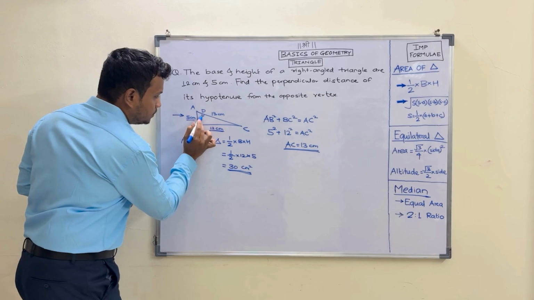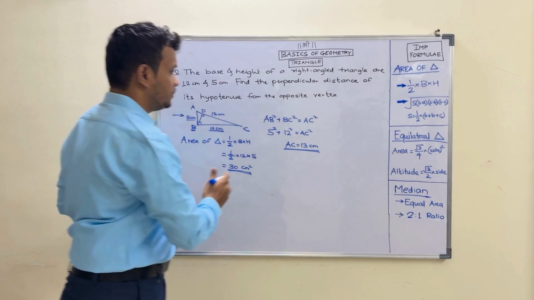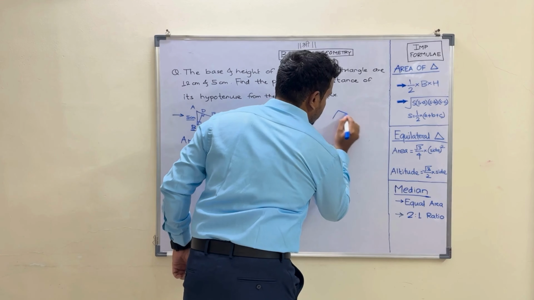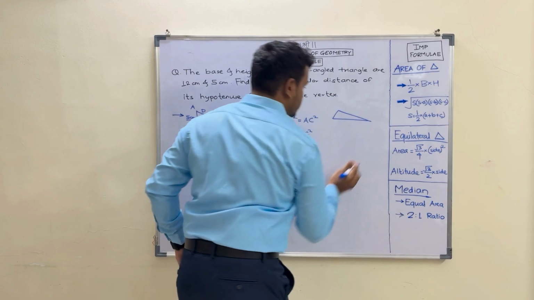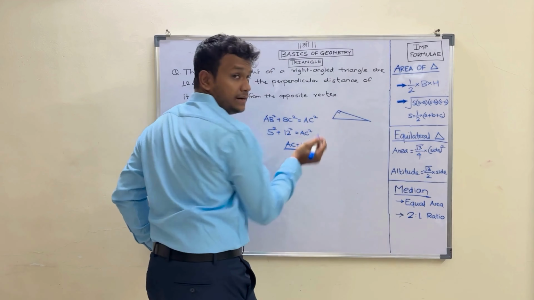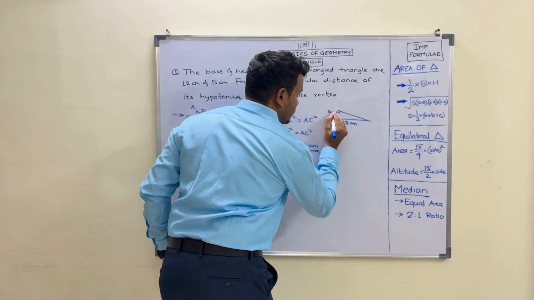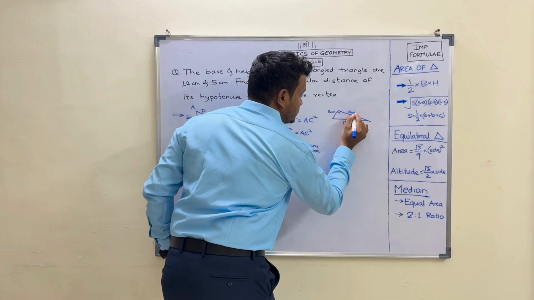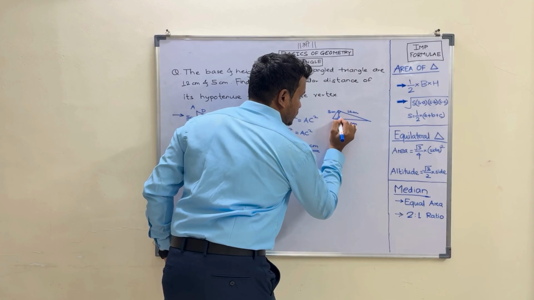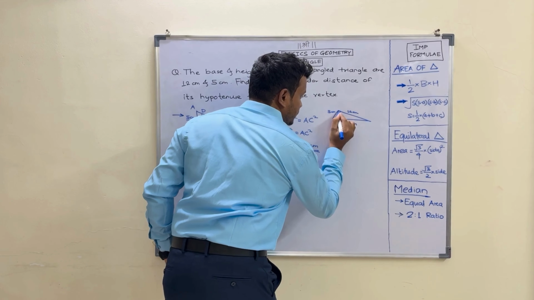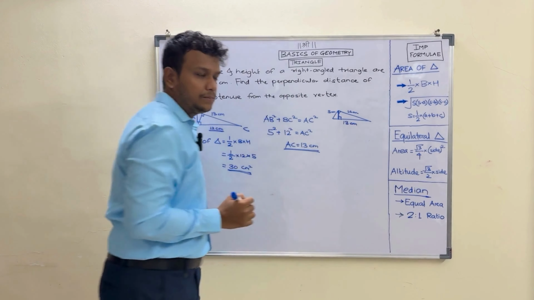So I'll just rotate this triangle. If I rotate it, this is my hypotenuse, this is my 90-degree angle. This value we know is 13 centimeters, this value we know is 5 centimeters, this value we know is 12 centimeters. And they're looking for the length of this specific line.